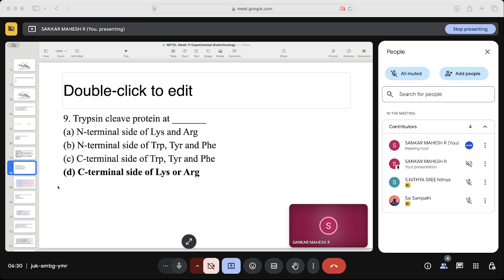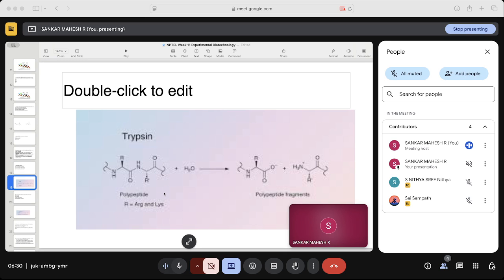So if you see, you have your polypeptide where you have lysine and arginine. So what it does is it cleaves at the 3' end, what you see here. So this is our amino acid of interest. So once the amino acid is getting over, so how we read amino acids is the N terminal is where you have the NH.